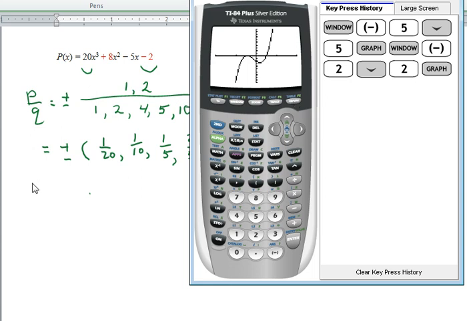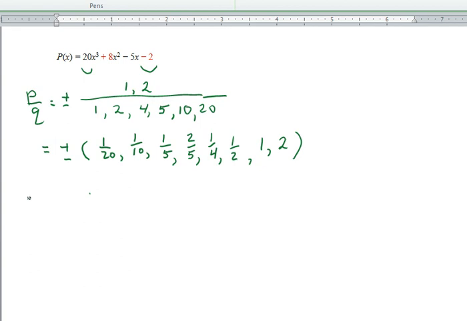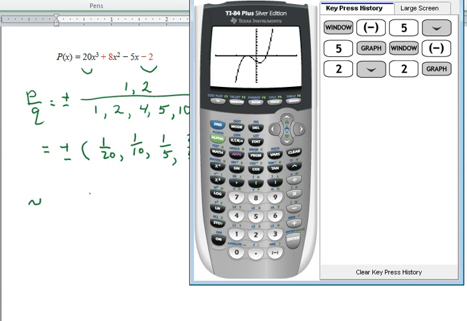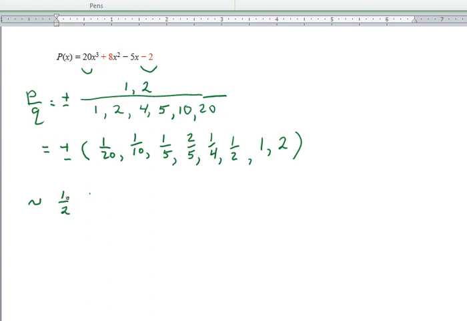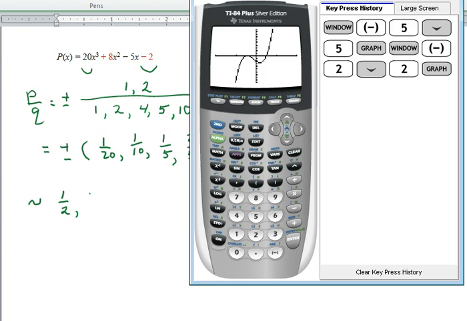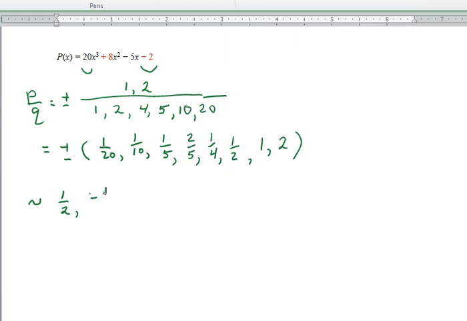So when I look at this in this window, it looks like we have a zero of multiplicity 1 at approximately 1/2 and a zero of multiplicity 2 at approximately -1/2. So that's the assumption that I'm going to go with.